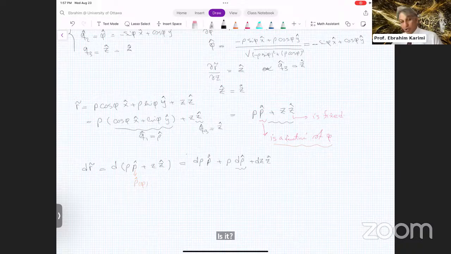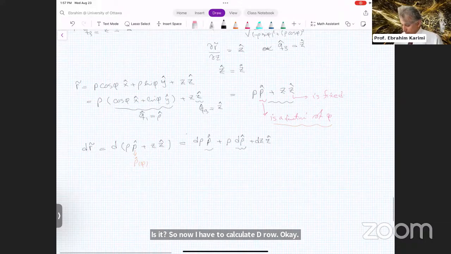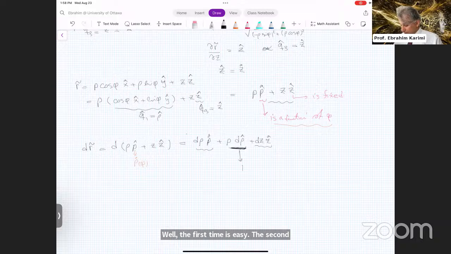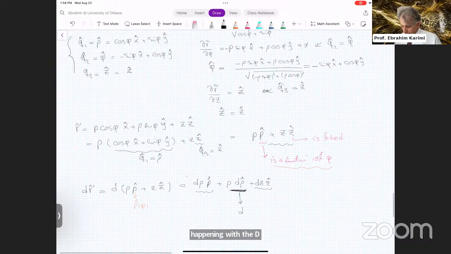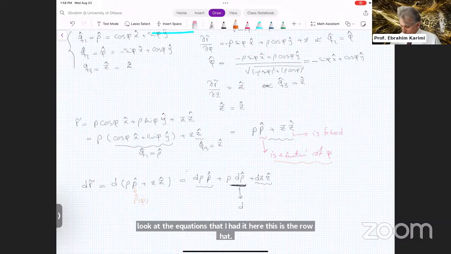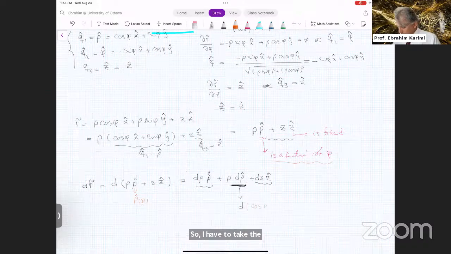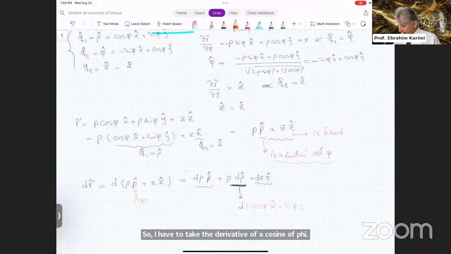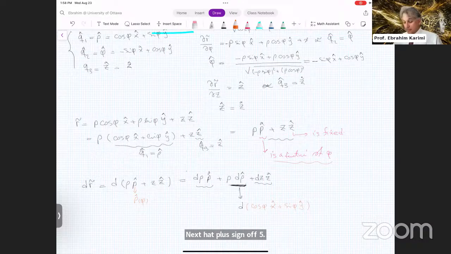So now I have to calculate dr. The first term is easy, and the last term is also easy, but for this term I have to calculate d of rho hat. Rho hat is cosine of phi x hat plus sine of phi y hat, a function of phi.